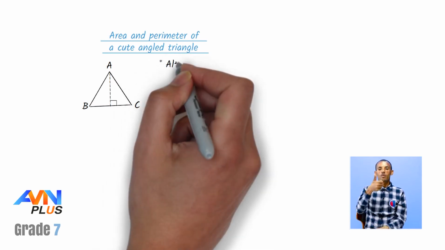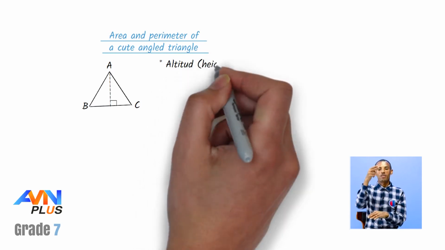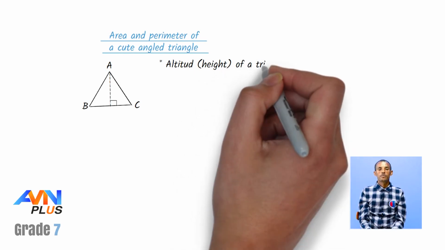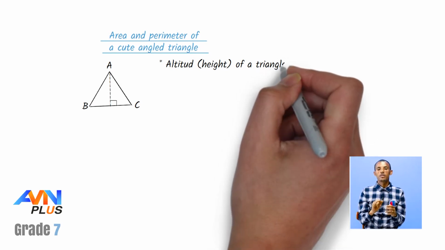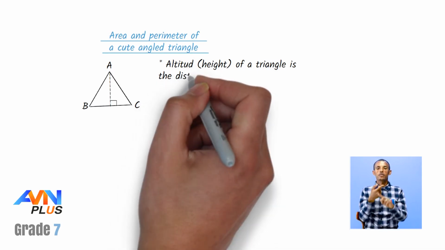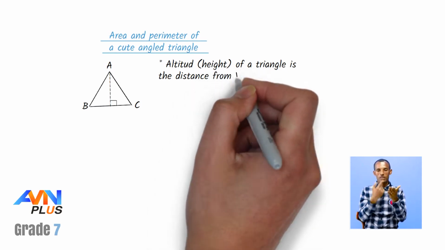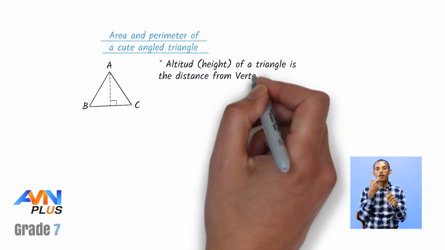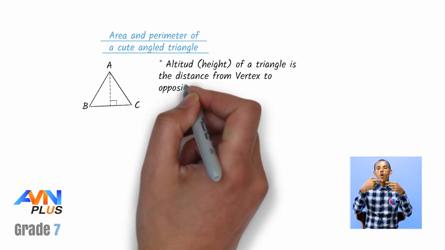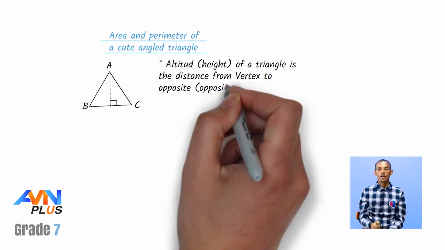Altitude or height of a triangle is the distance, that's a perpendicular distance, from a vertex to the opposite side or opposite side extension.